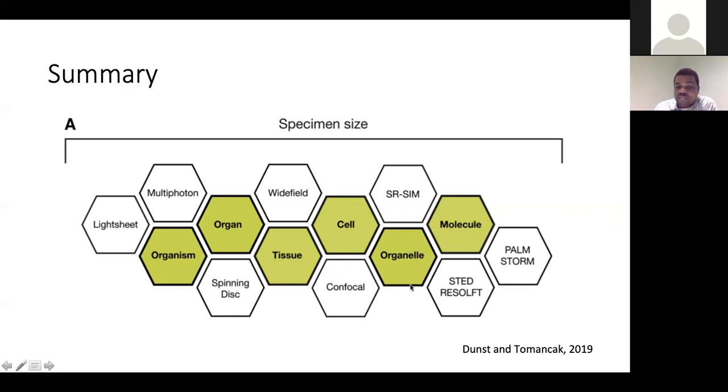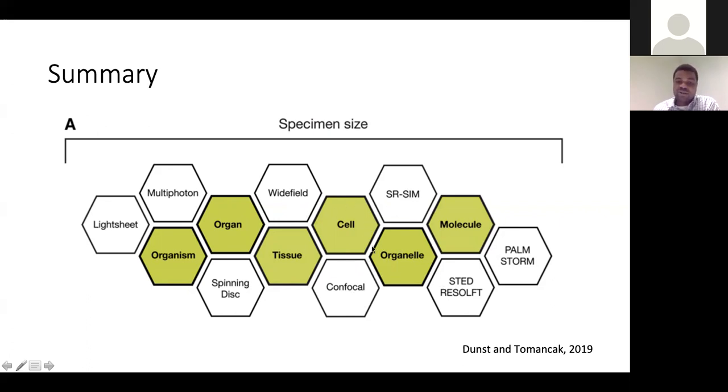For people looking at organelles within the cell, again, a SIM, the STED, and then a confocal will be able to capture that. The Widefield can also help, but again, it depends on how deep they are, how close they are to the cover slip.